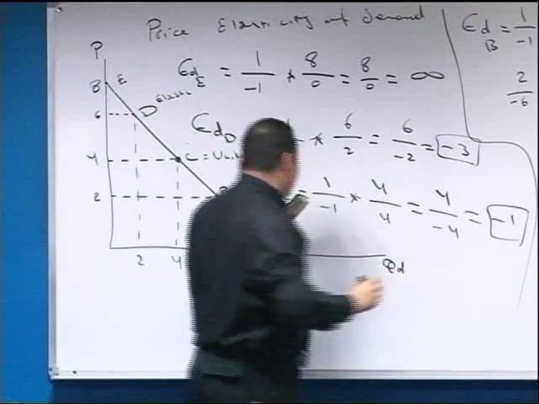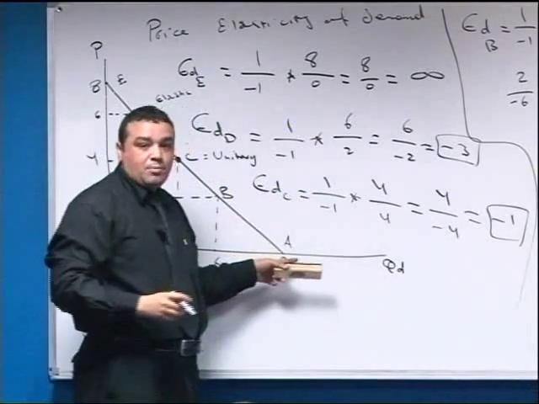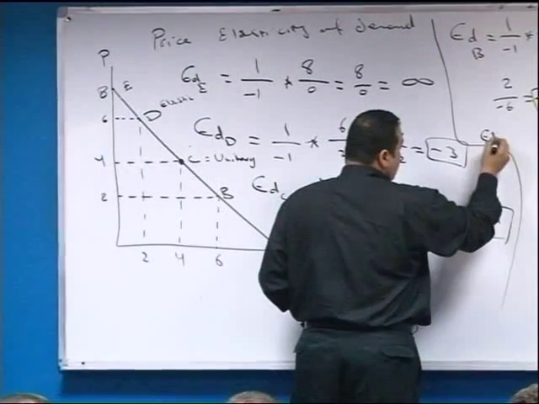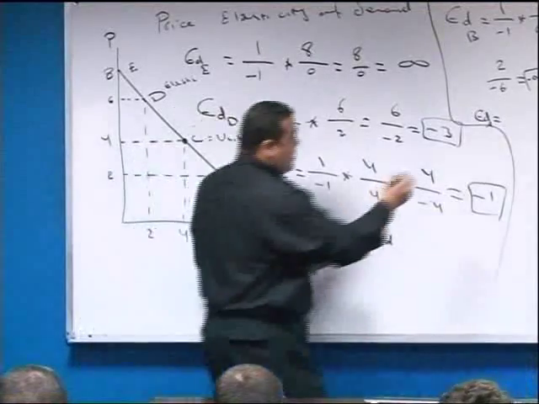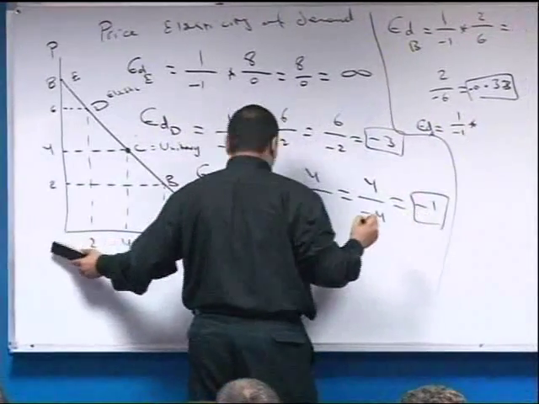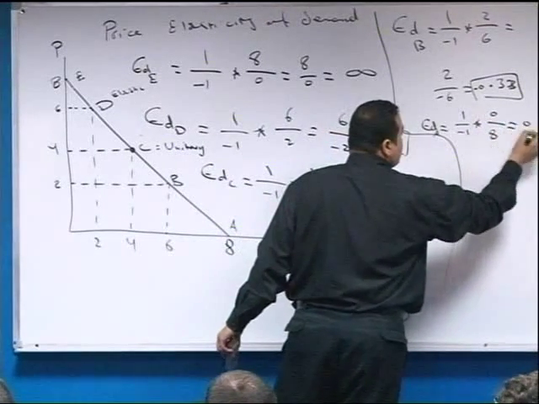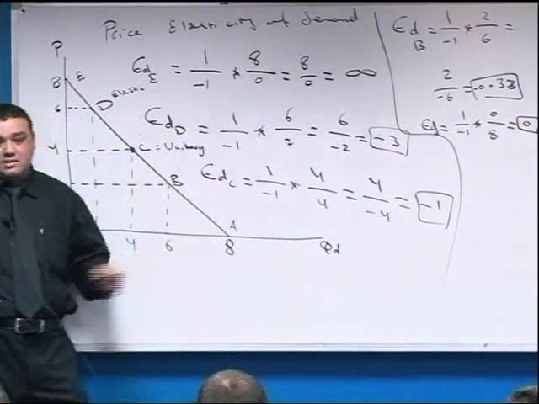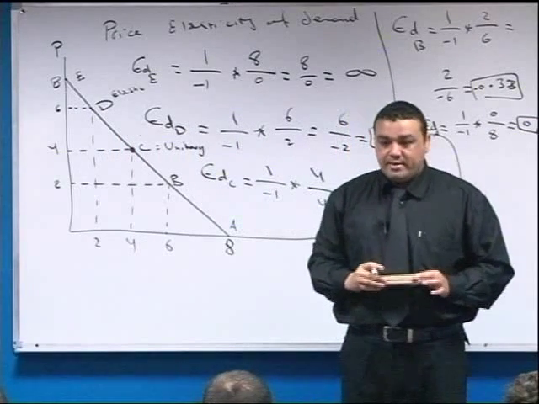So it would be inelastic, right? What about the last case? At point A, ED equals 1 over minus 1 times the price 0 over 8. It would be 0. So it is a perfectly inelastic demand, right?